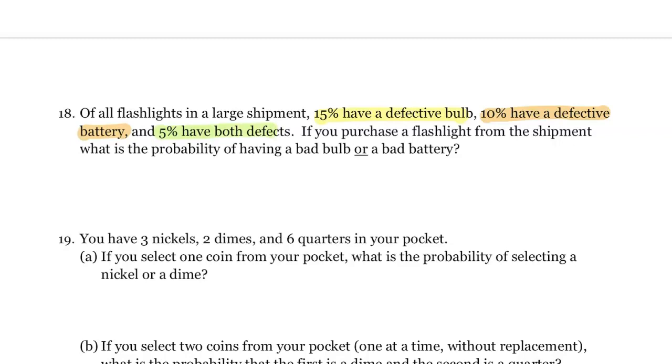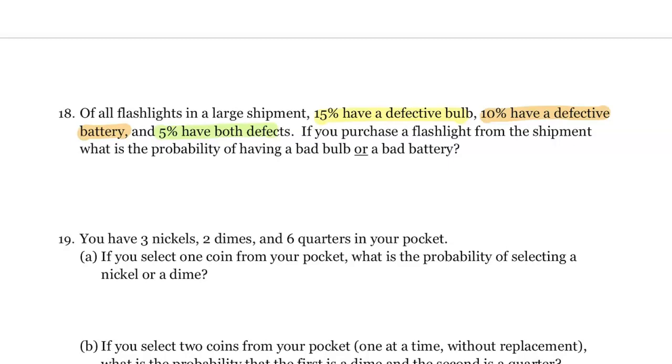If you purchase a flashlight from the shipment, what's the probability of having a bad bulb or a bad battery? So this is an or, and when you have an or, what are you going to do? Okay, you should say that you're going to add them together and you're going to think about an overlap.